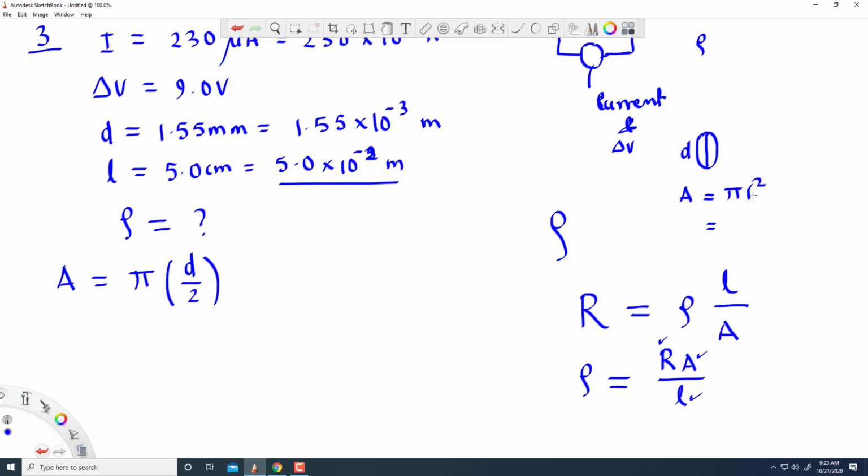So area is pi times d over 2 squared. Pi is 3.14. d, the diameter, is 1.5 times 10 to negative 3 meter, and then over 2 squared. So that gives us area. So now we have area as well as length. So we need to find R. So if we could find R, then we can find rho.